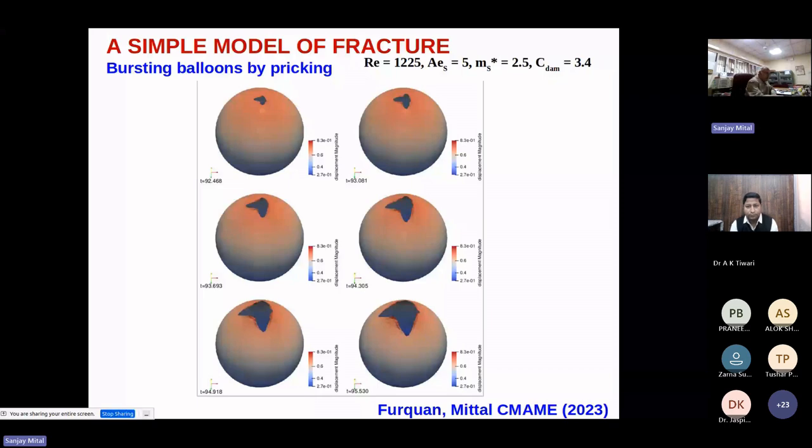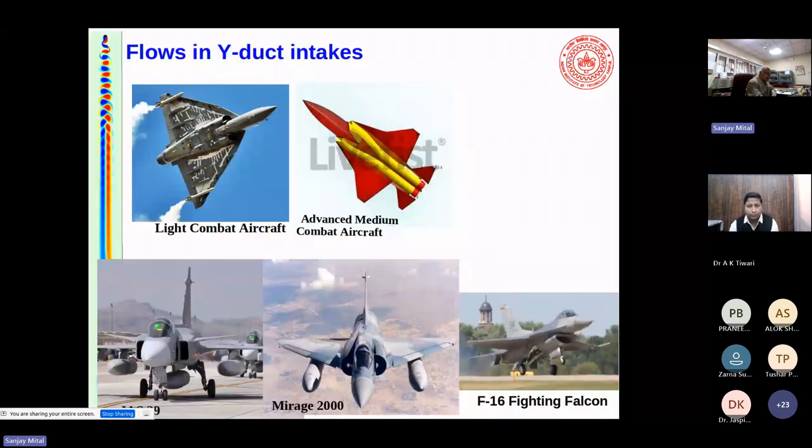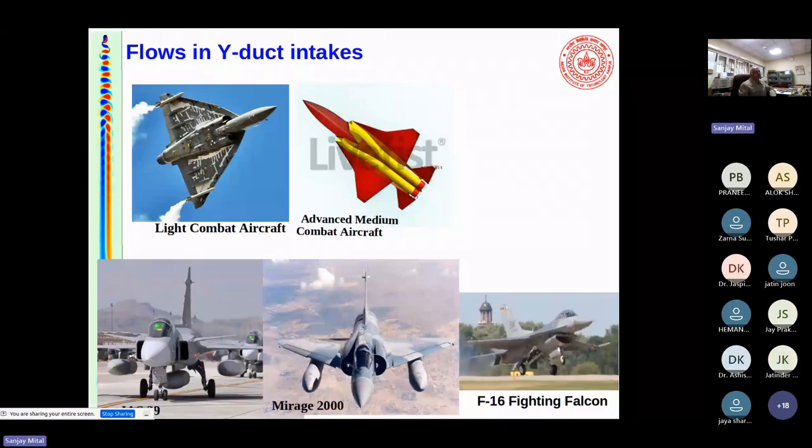Okay, the last problem that I want to show you, before I sign off, is flows in aircraft intakes. Typically what happens with these fighter airplanes is, just like our human body, we have two nostrils. The flow comes in through the nose and then it feeds the lungs.